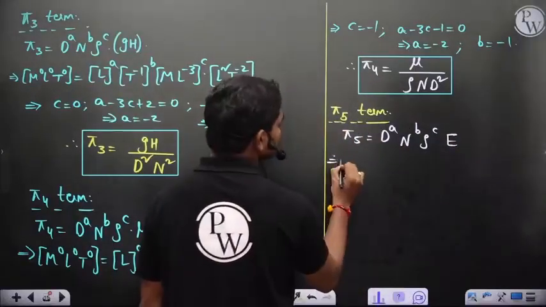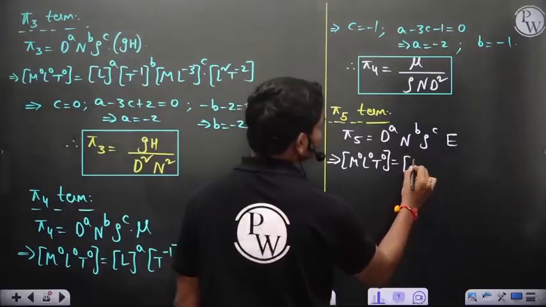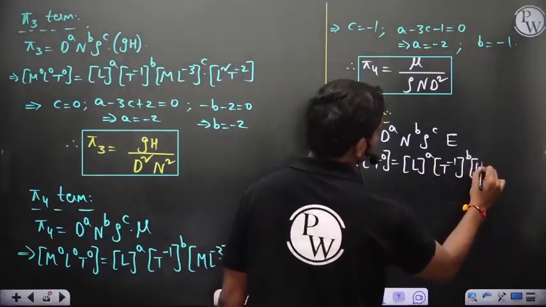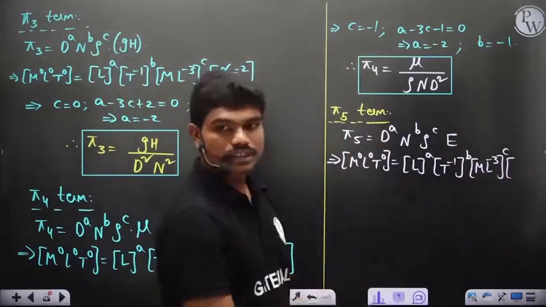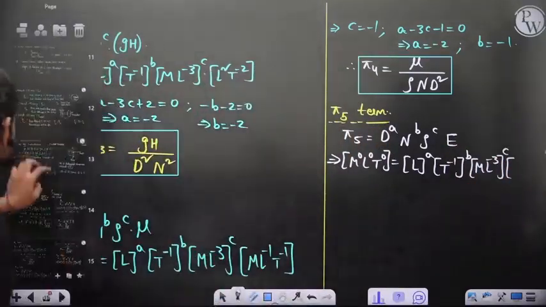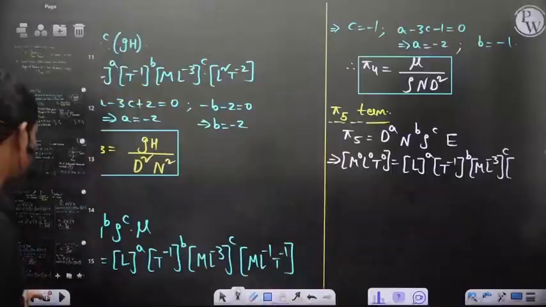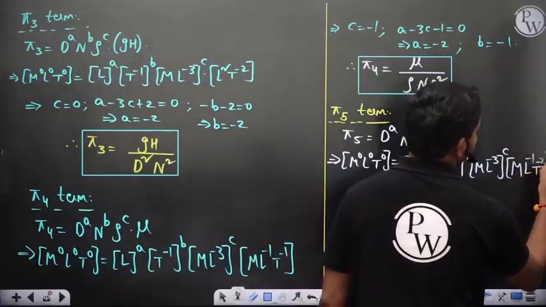So if you look at the dimensions, m power 0, l power 0, t power 0 is equal to l power a t power minus 1 power b kg per meter cube power c into, what about e? E is the bulk modulus, it has the dimensions m l power minus 1 t power minus 2.